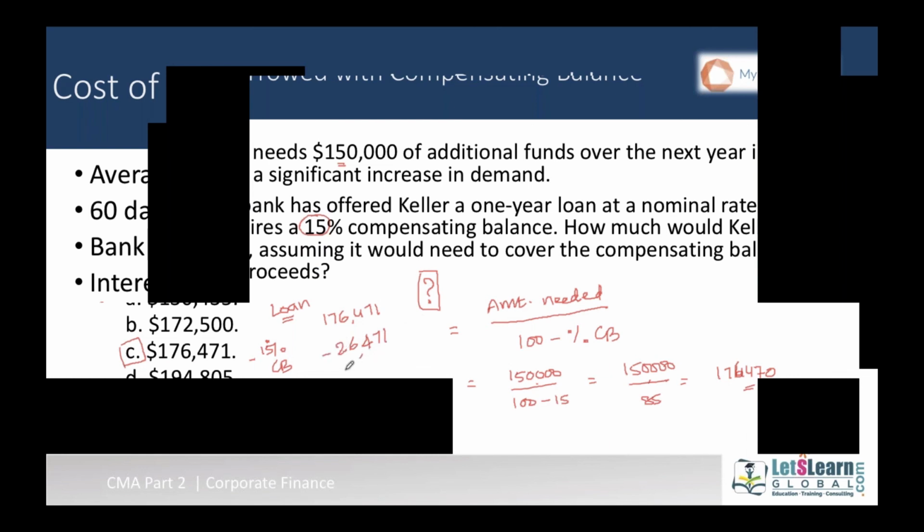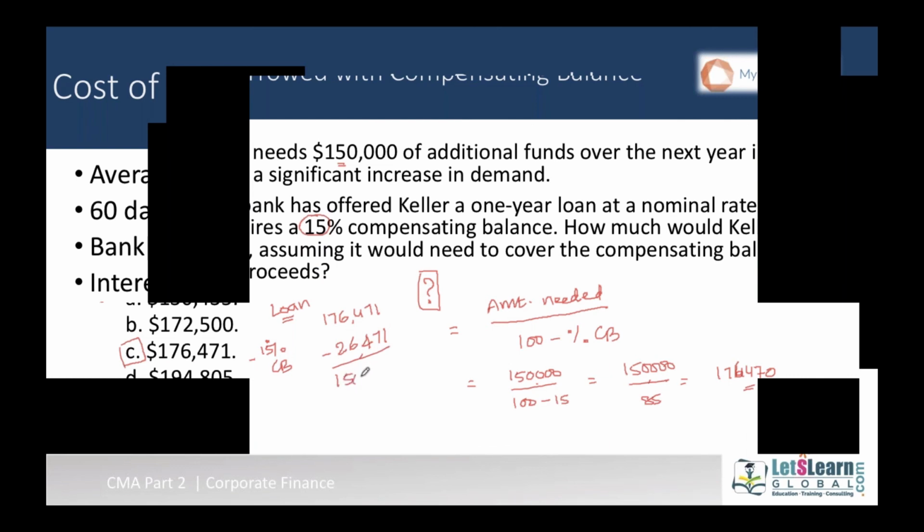This amount is held by the bank. The net amount which we take home is 150,000. So when you need 150,000, do not borrow 150,000. You should consider the compensating balance as well and apply this formula to know what amount to be borrowed.